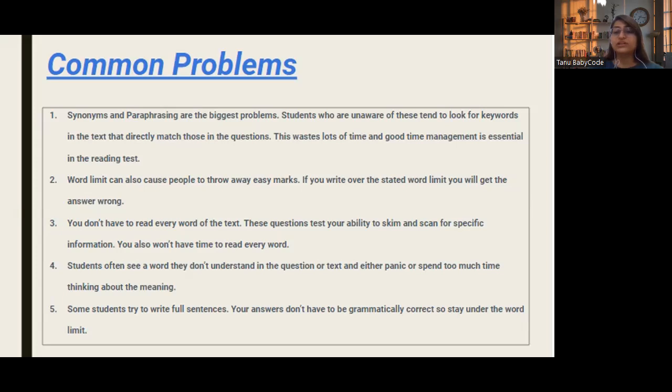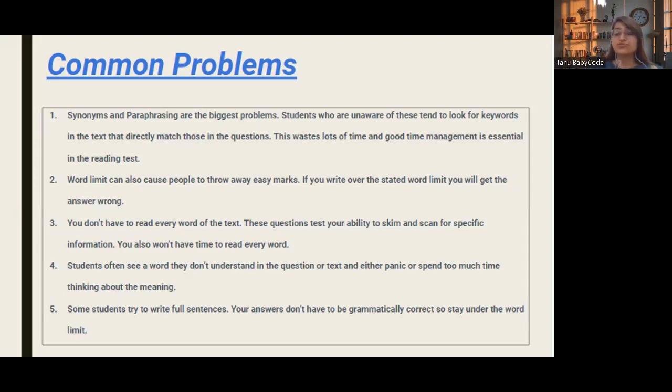Keywords are only for you to locate the statement. Ultimately, you have to know about paraphrasing and synonyms, to know whether the answer you're looking at is correct or not, right? Word limit can also cause people to throw away easy marks, because if you do not write according to the word limit, again you will be losing marks.